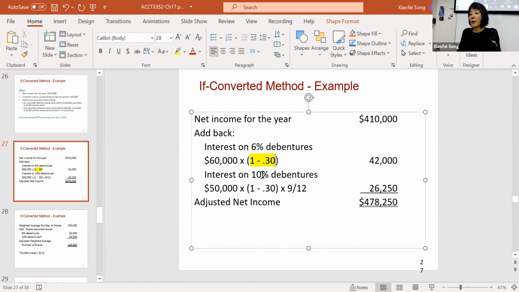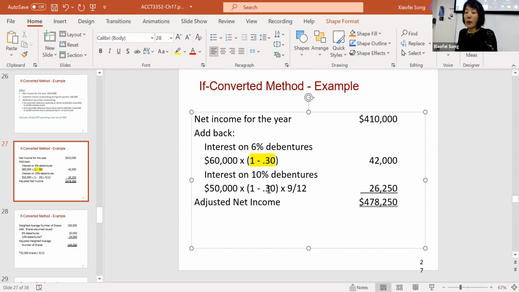For the 10% debenture, the interest for the year is 10% on the 500,000 face amount, so the before-tax interest for the year is 50,000. In this case, we need to adjust for two things.